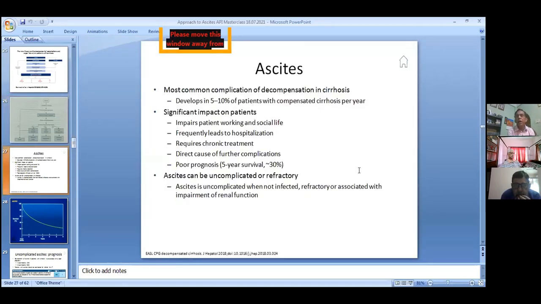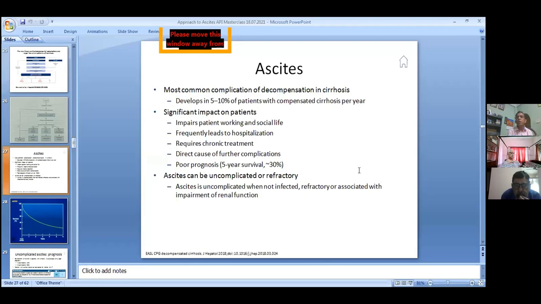The development of ascites is the step at which cirrhosis has become decompensated. In a patient with compensated cirrhosis the prognosis and survival are much better, but once decompensation develops, the prognosis is poor. Ascites is the most important form of decompensation of cirrhosis.